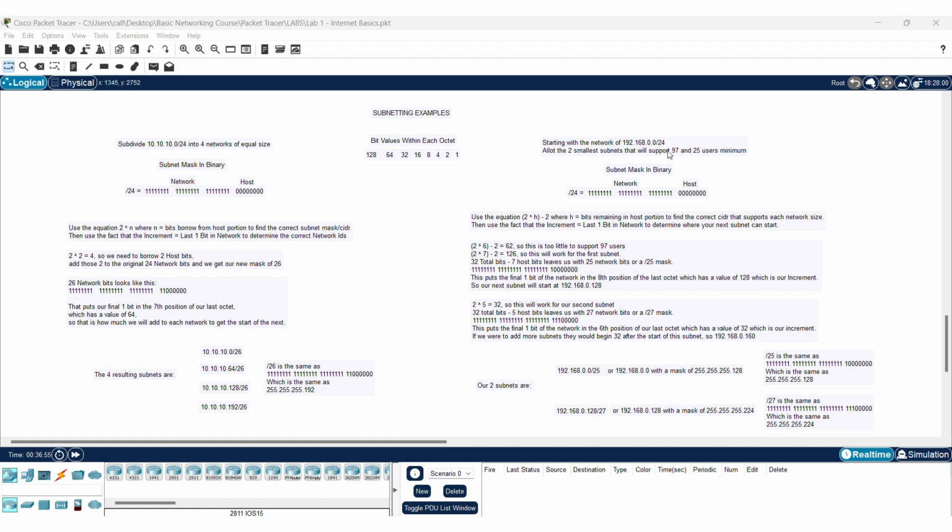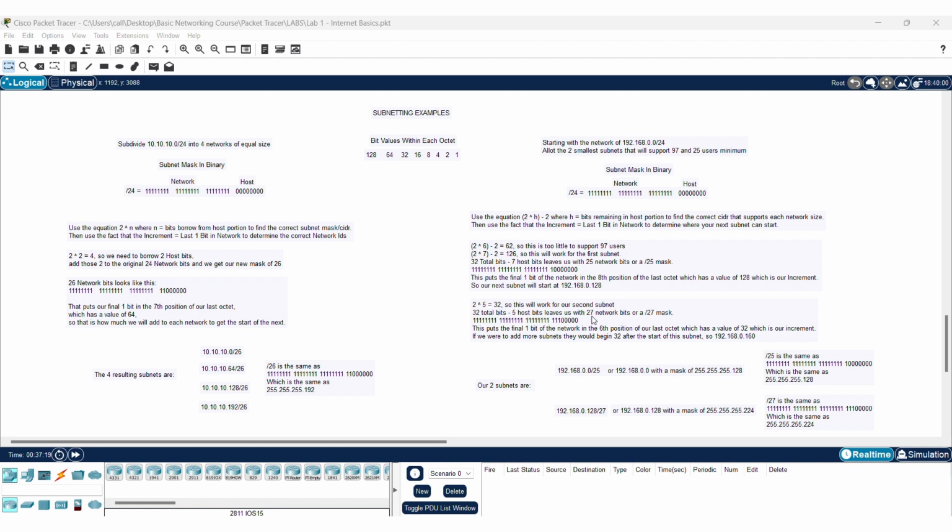So now we've allotted that first subnet, we need to allot one for 25 users at a minimum. If we were to borrow 5 host bits, we could go 2 to the 5th, which equals 32. If we minus that 2, that would give us a total of 30 hosts. So that's going to work and be big enough. So we're borrowing 5 bits out of our 32 total bits.